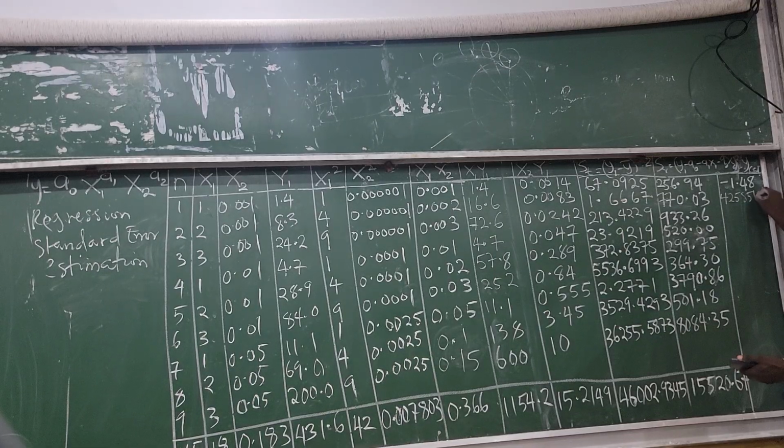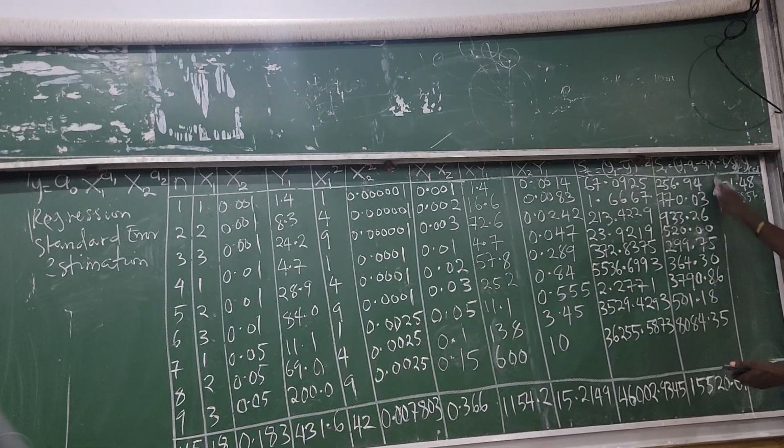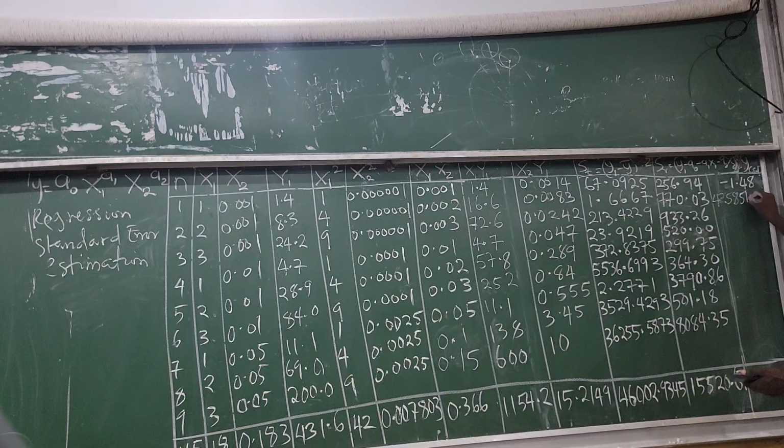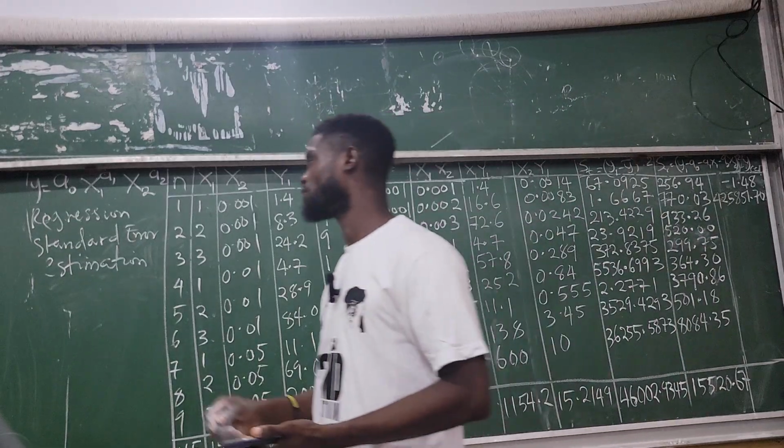Okay. So recall it for me, don't be offended. Recall it for me. 425851.70. Okay. Alright. So we'll do it like that until we finish.